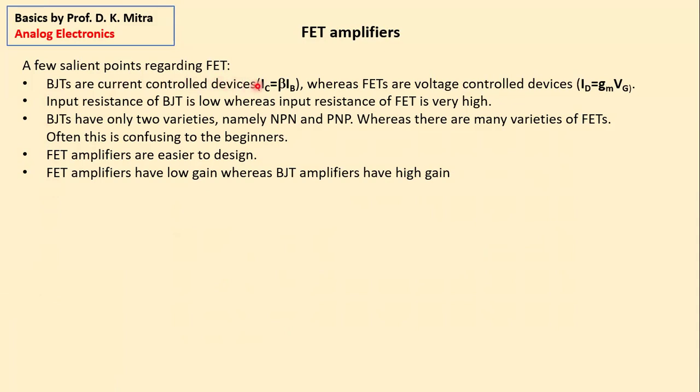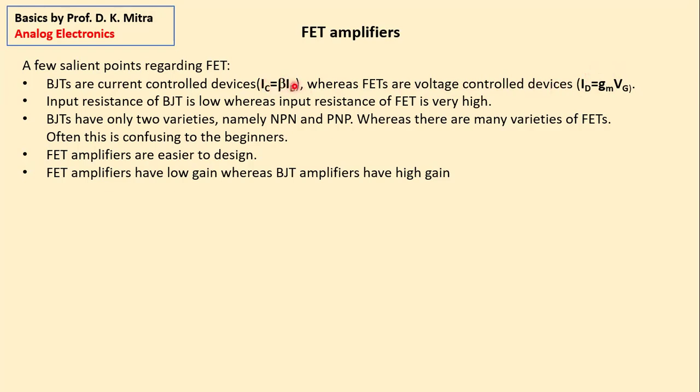A BJT's collector current IC is proportional to beta multiplied by its base current. So a BJT is a current control device. Whereas in a FET, the drain current is proportional to the gate voltage. That's why FETs are called voltage control devices.